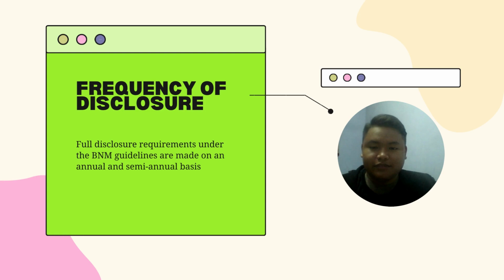Frequency of disclosure. Full disclosure requirements under the BNM guidelines are made on an annual and semi-annual basis. Frequency method is an actuarial method for determining the expected number of claims that an insurer will receive during a given time period and how much the average claim will cost. Frequency method uses historical data to estimate the average number of claims and the average cost of each claim.